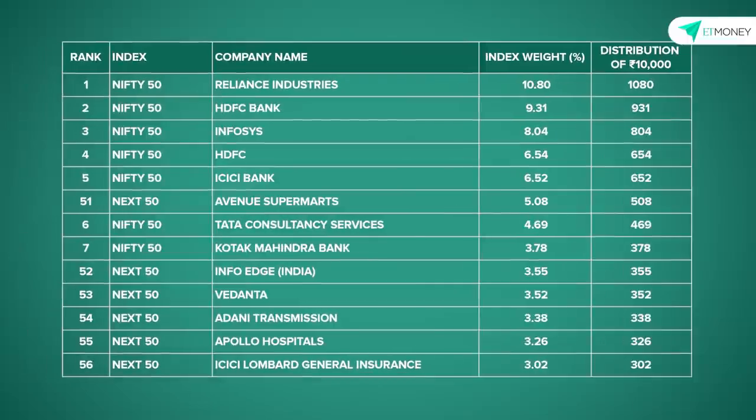On the other hand, the 51st ranked company, Avenue Supermarts, is being apportioned a much higher 508 rupees. In fact, if we jumble the Nifty 50 and Next 50 indices, we can clearly see which company is apportioned how much of our invested money. It is this deception that many investors don't realize, and hopefully this video has explained that.